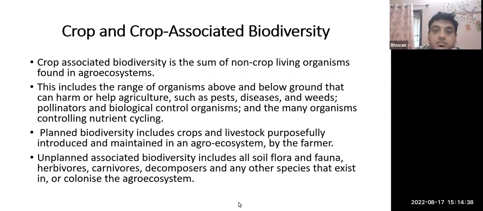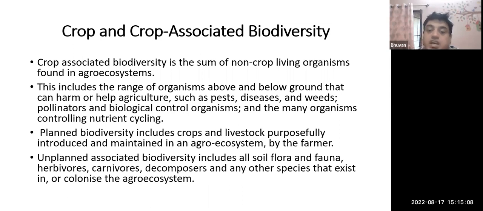And the plant biodiversity basically includes the crops and the livestock purposefully introduced. Human beings plan them and introduce them into the agro ecosystem. For example, which crop varieties have to be introduced into the agro ecosystem is decided by human beings, and that's why they form part and parcel of the plant biodiversity.